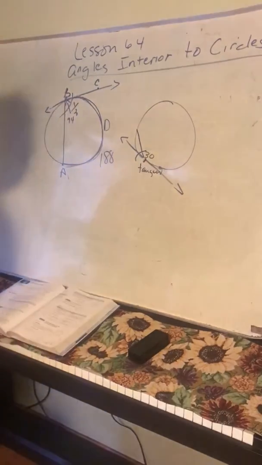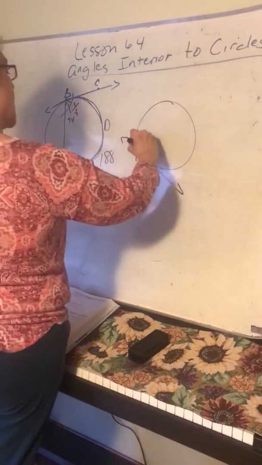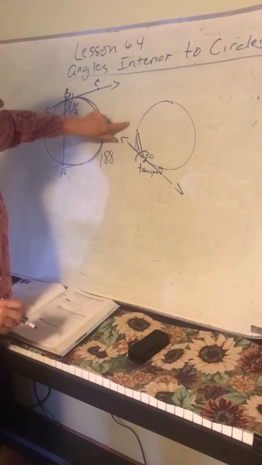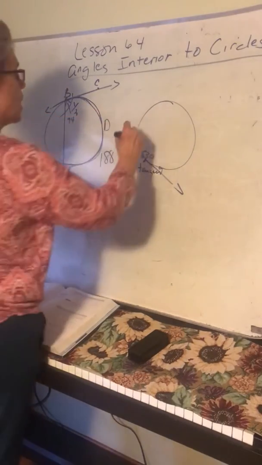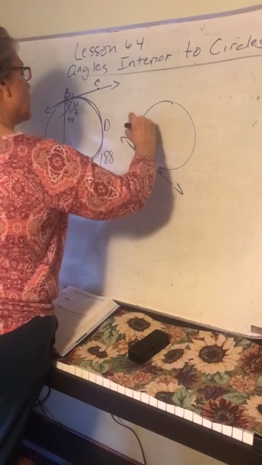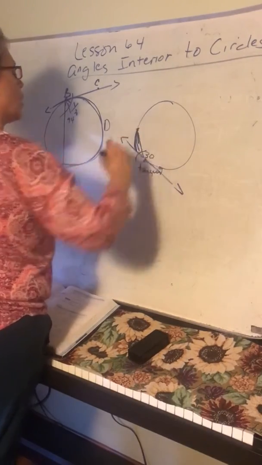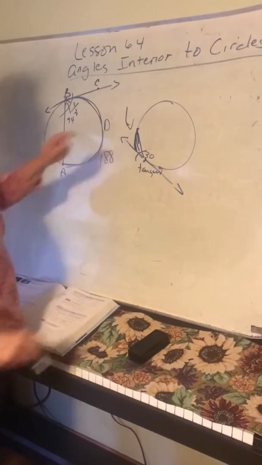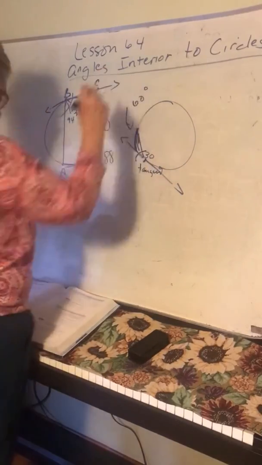Then what is the measure of the arc? You look directly across, straight across here. This is the subtended arc, and that is going to be 2 times the angle. So it is 60 degrees.